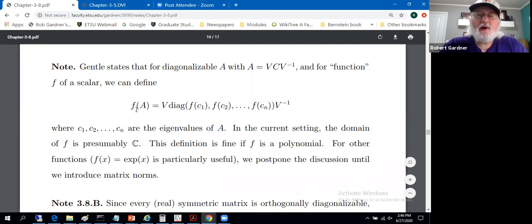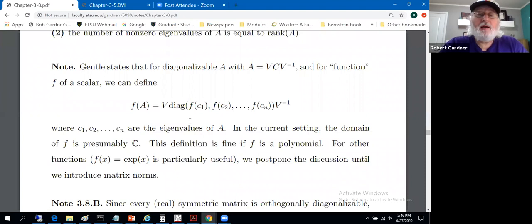He says we can define a function of a scalar evaluated on a matrix by applying effectively the function to these matrix products, yielding a lot of cancellation when I raise this A to a power. There are functions more complicated than raising to powers. Polynomials simply involve raising to powers.